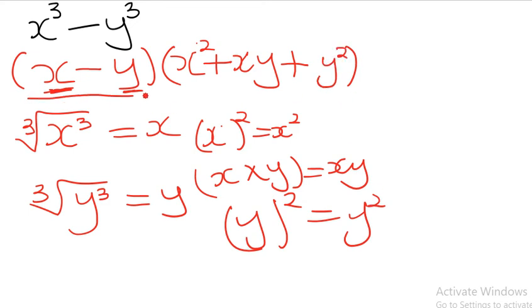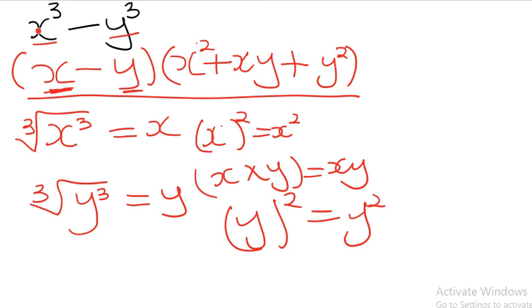You are done factorizing if you write like this. Just to recap on this question, you are having a difference of two cubes. They are called two cubes because they are to the power of 3.